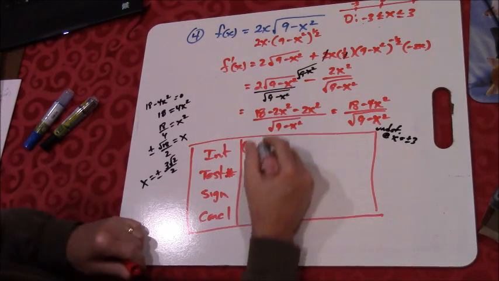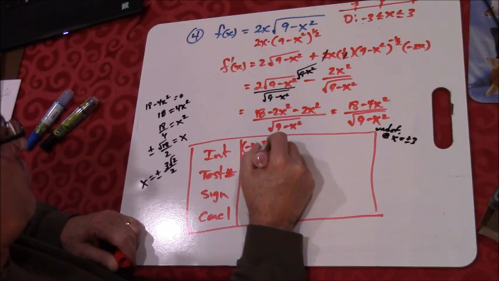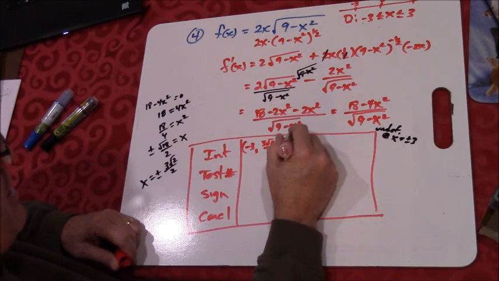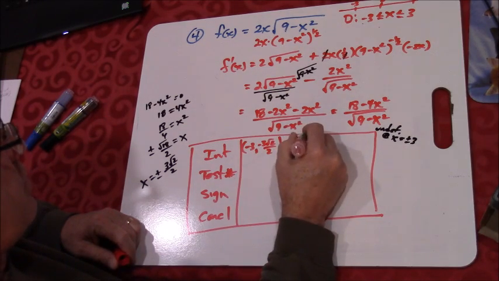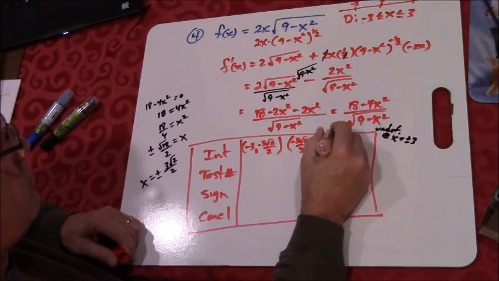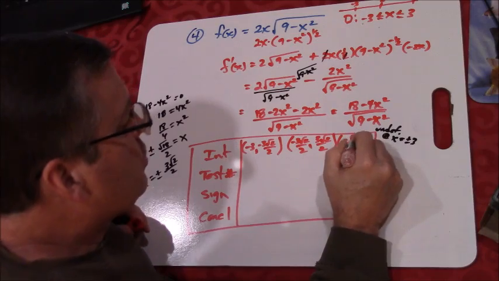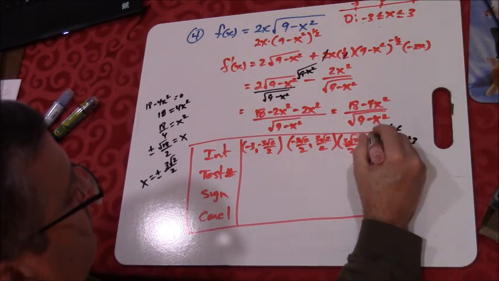And I'm going to go to negative 3 root 2 over 2, and then from negative 3 root 2 over 2 to a positive 3 root 2 over 2. And then I'm going to go from 3 root 2 over 2 to positive 3.